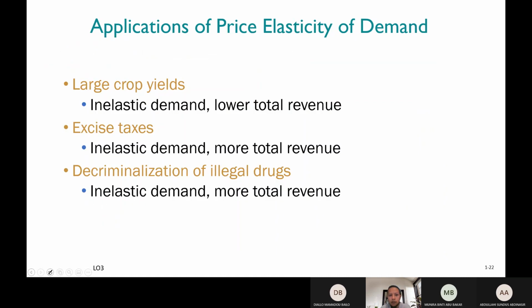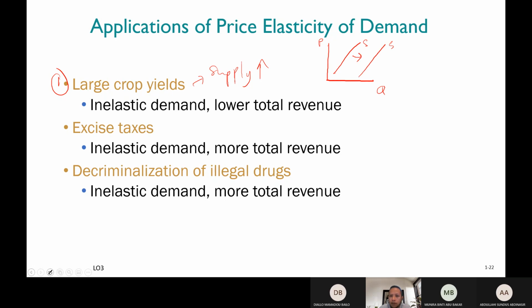Some applications of price elasticity of demand. For example, in this case, when there are large crop yields, meaning that the supply increases. Price here, quantity here, supply, and it increases to the right.